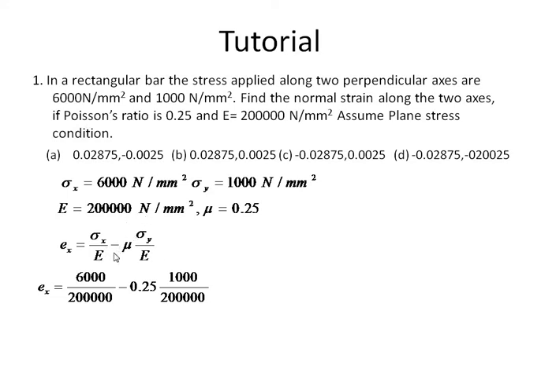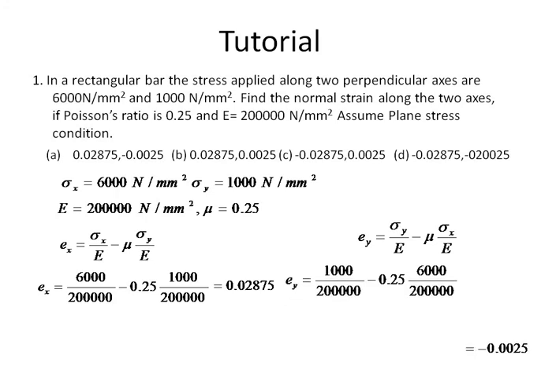So we have discussed it in the previous lecture. Now just substituting the values, we can get the value of Ex as 0.02875 and Ey as minus 0.0025.